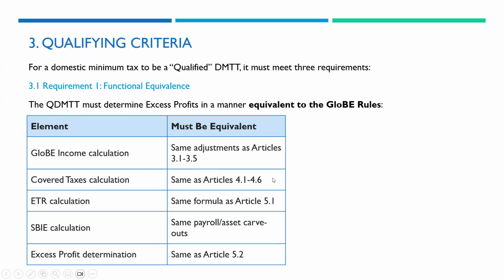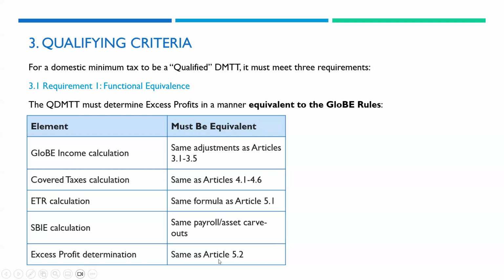You can't amend or alter that. The same architecture should be followed. The ETR calculation should use the same formula as Article 5.1. The SBIE calculation should use the same percentages as given by the Pillar 2 model, and excess profit determination the same as Article 5.2. You can't change all this structure. You can't bring in new things. Your DMTT should be composed of the same things.